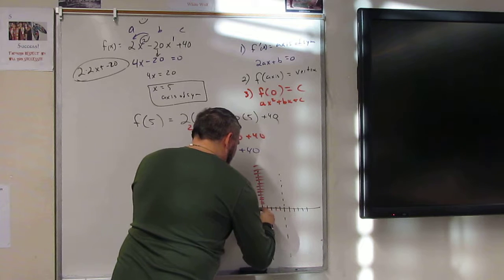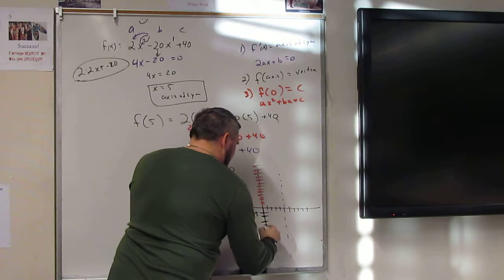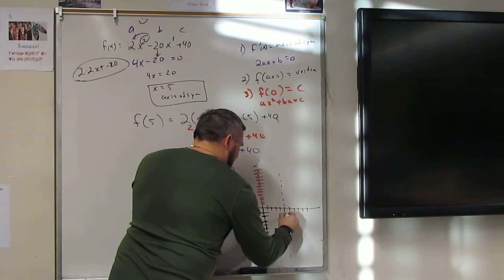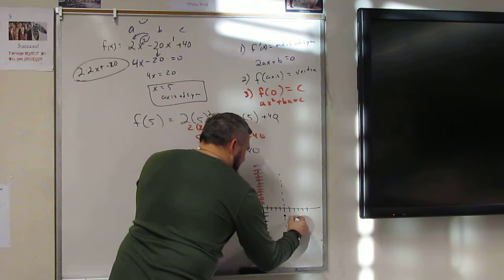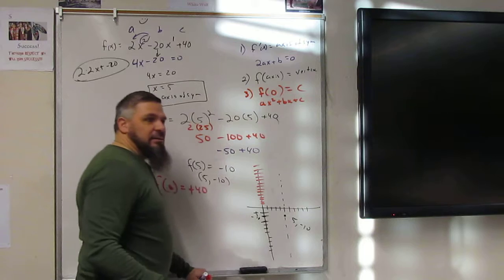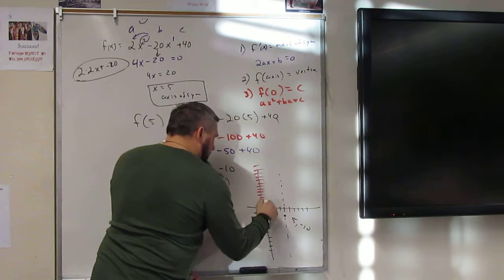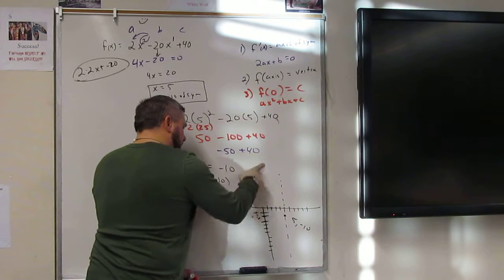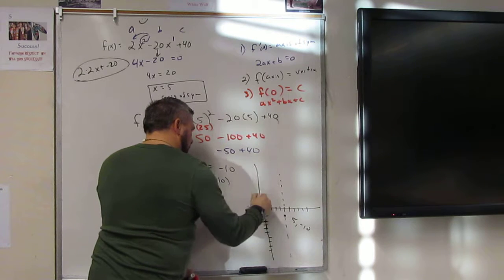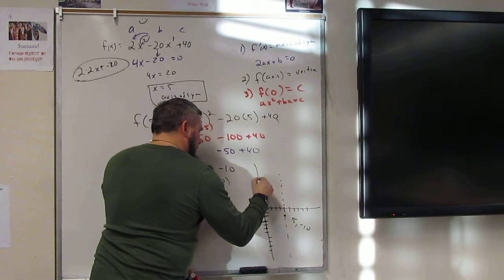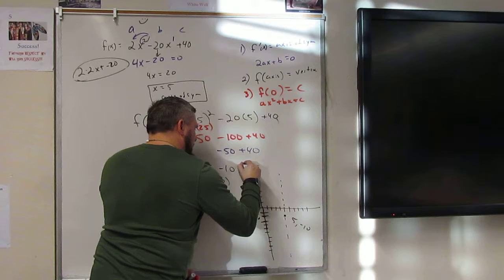How about 5, 10, that's all I have to do right there. So that's still 5 and negative 10, but now I have to go up to 40. So let's look at that again. 5, 10, 15, 20, 25, 30, 35, 40.